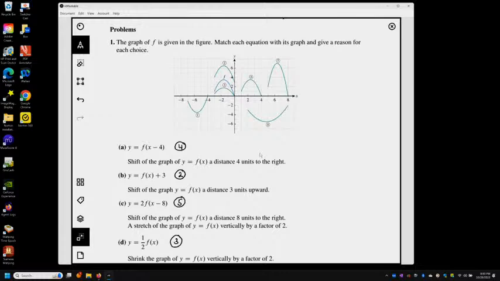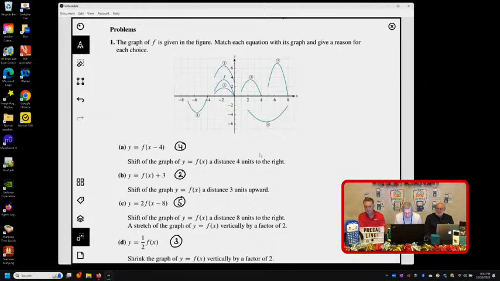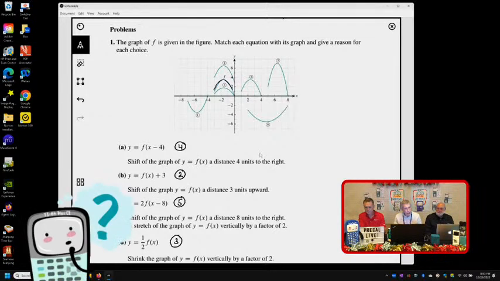So, for example, in part A, we take a look at y equals f of x minus 4. This function f right here is in blue. The way that I do these problems is I frequently start at the inside and work my way out.